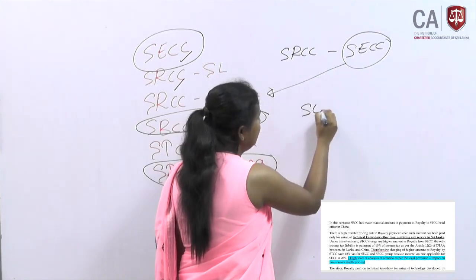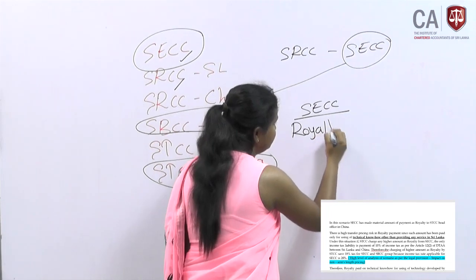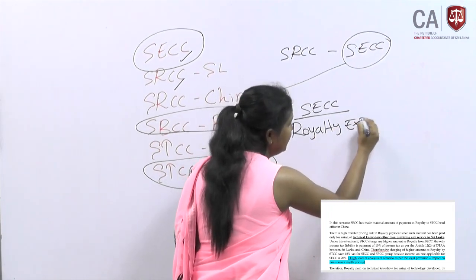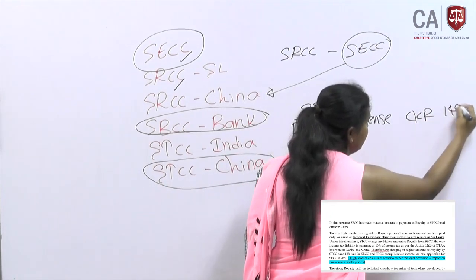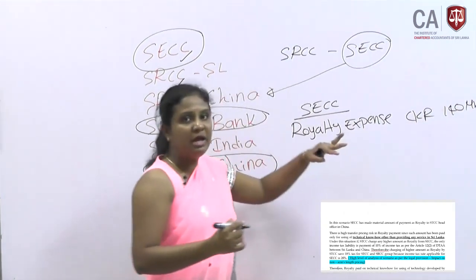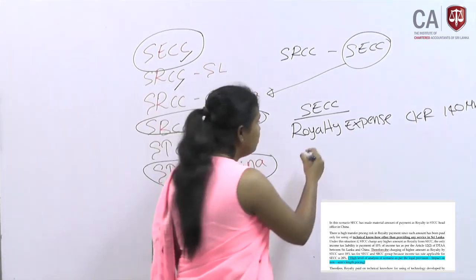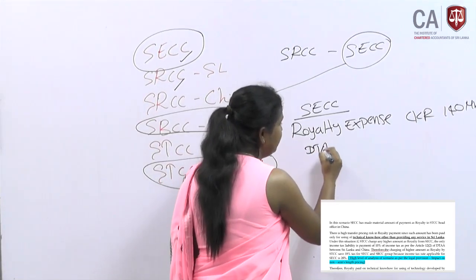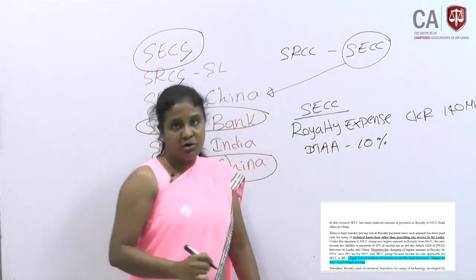Now for SECC there is a royalty expense. What is the royalty expense? LKR 140 million. To remit this LKR 140 million, we have to pay under DTAA between China and Sri Lanka 10%. You all know that.